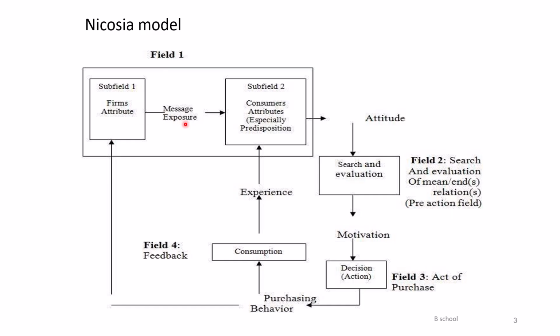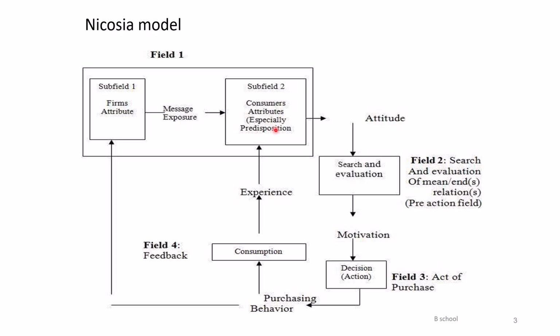The consumer gets exposed to those messages. It influences the consumer's attributes, like the demographics of the customer, his personality, lifestyle and family size. All these things are consumer attributes.